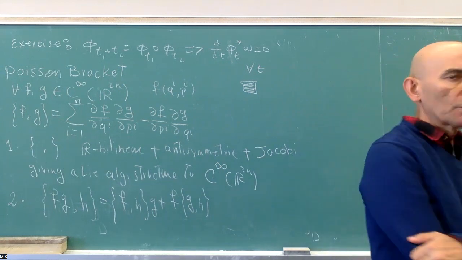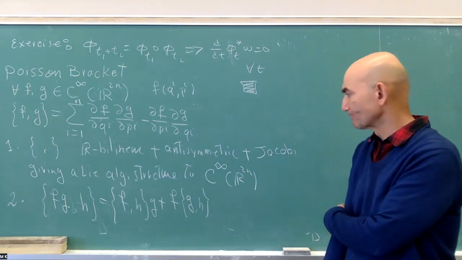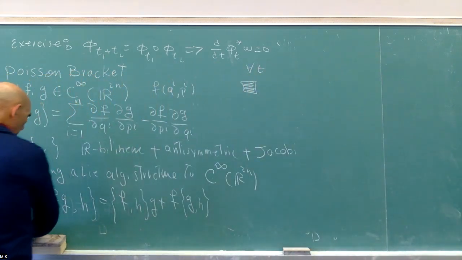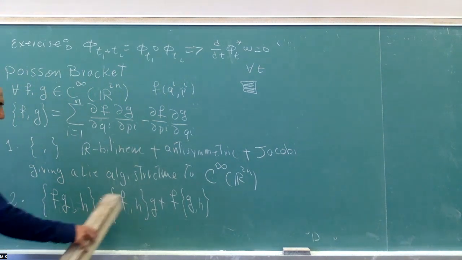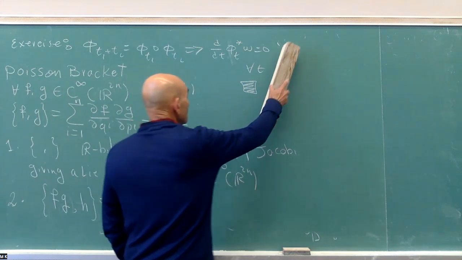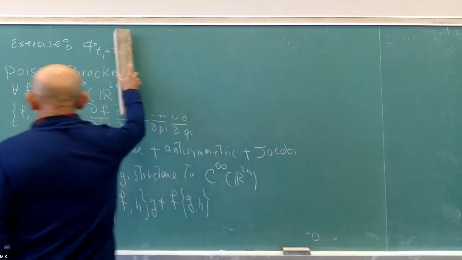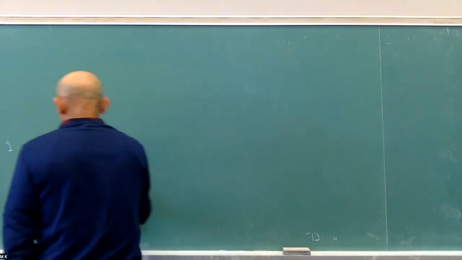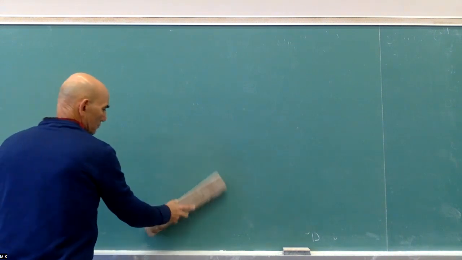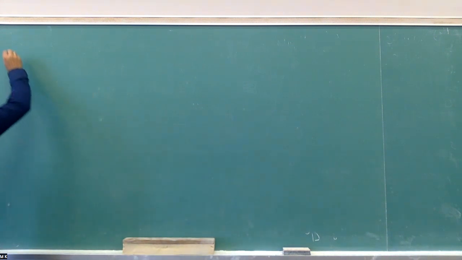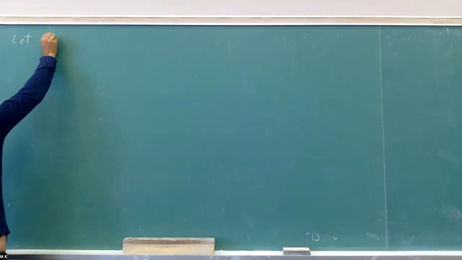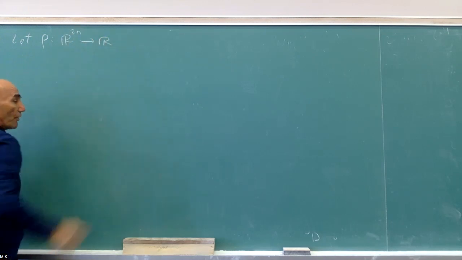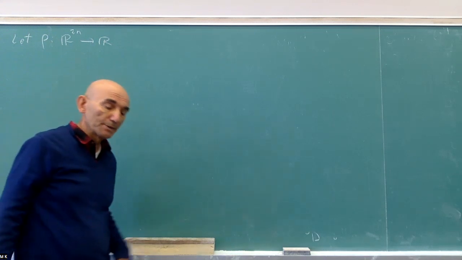So you might wonder what's the point of this Poisson bracket. Let me give some properties of this. First thing is there is something called Liouville's equation. It's very important. Let rho from R^2n to R be any smooth function defined on the phase space.